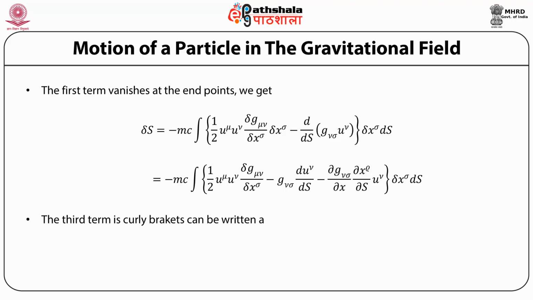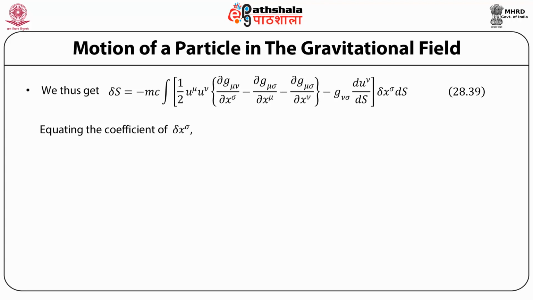The third term in the curly brackets can be written as −∂g_νσ/∂x^ρ u^ρ u^ν = −1/2 u^μ u^ν (∂g_μσ/∂x^ν + ∂g_νσ/∂x^μ).